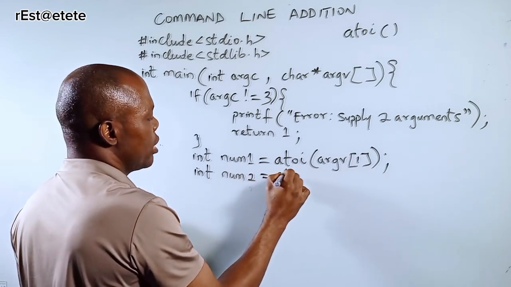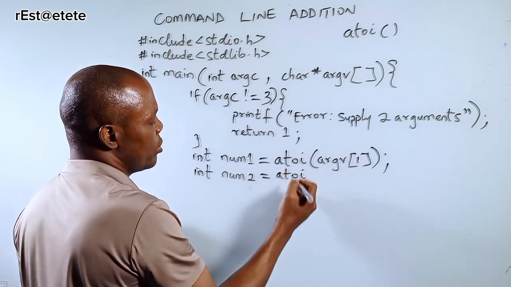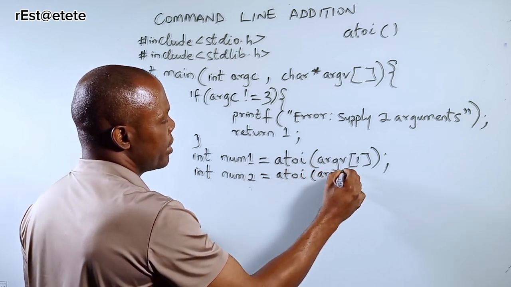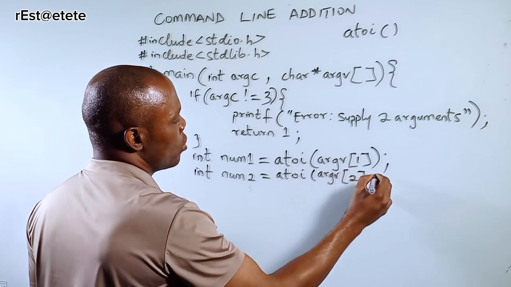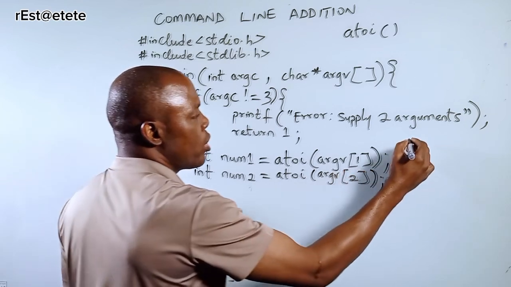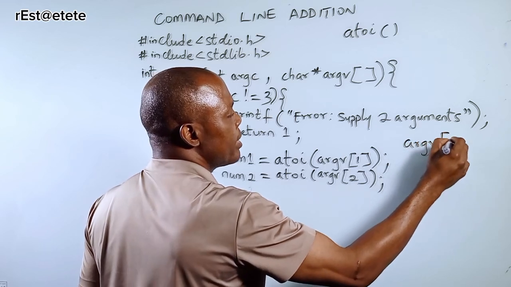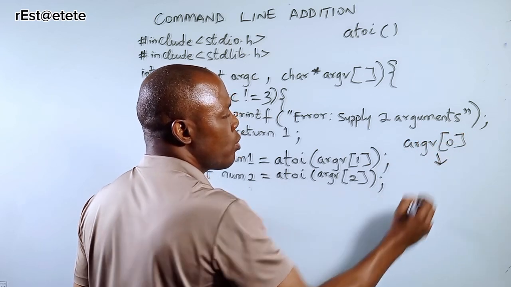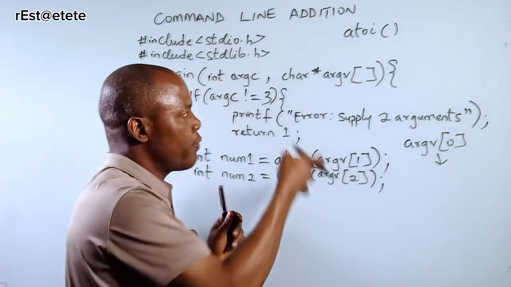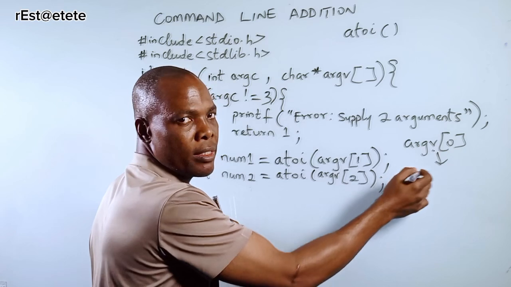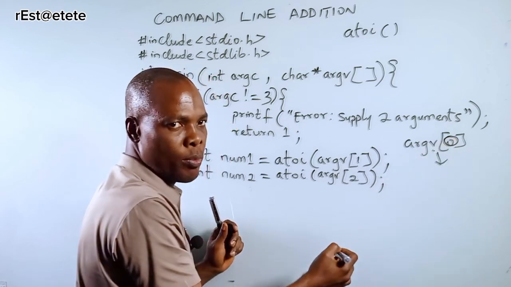And I will call this function again, ASCII to integer. I will supply argv2. The reason is because argv0 will be equal to what? The name of this my source code when I save it. That is what the argument for this index will be.